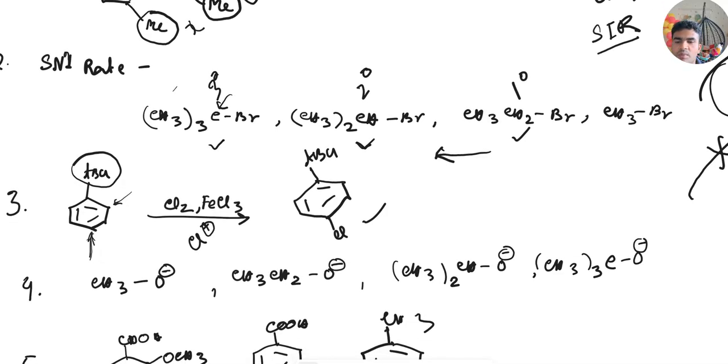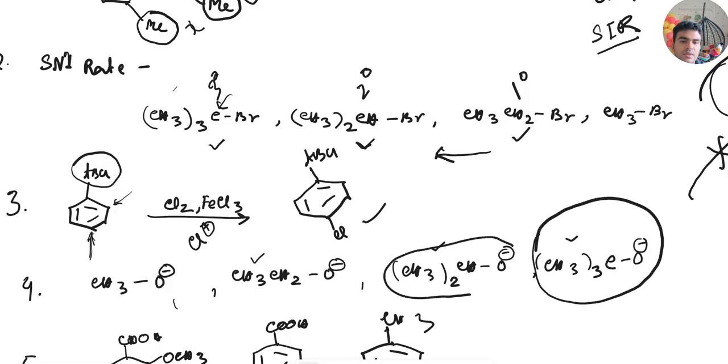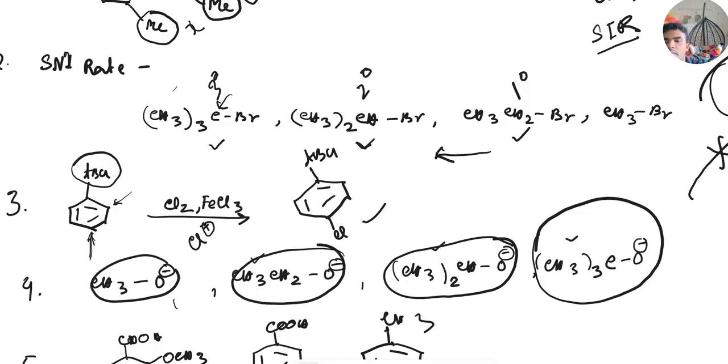Next we come to the trend of nucleophiles. We have taken 4 nucleophiles. What will be the strongest nucleophile? As you see, as we increase the number of methyl groups from left to right, the bulkiness also increases. This is the bulkiest one, this is the least bulky, this is small.